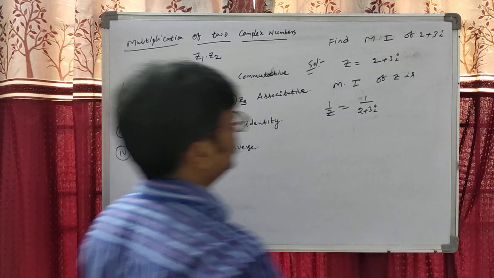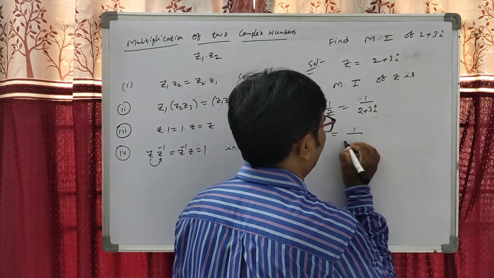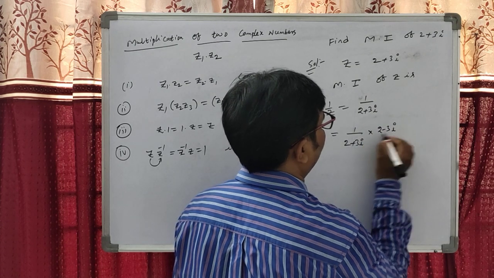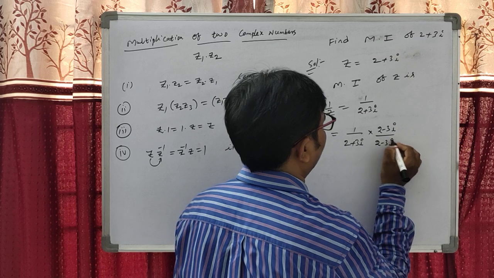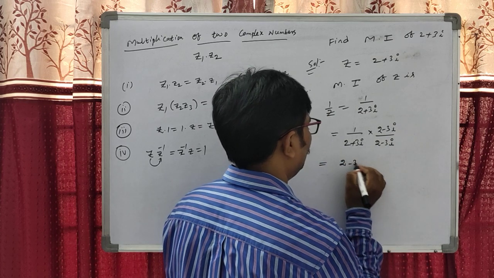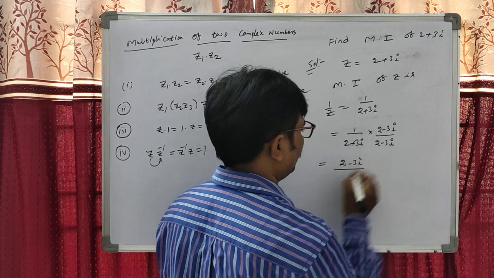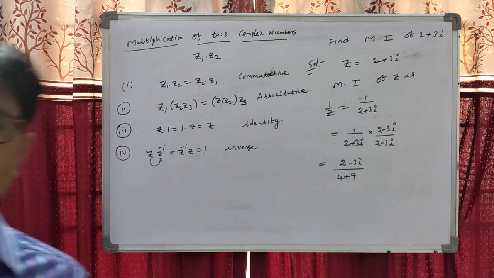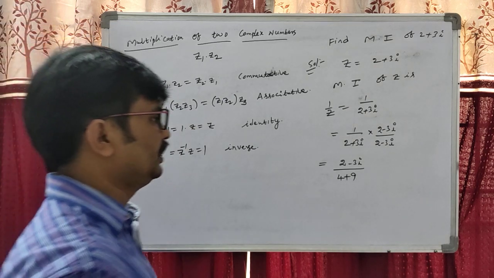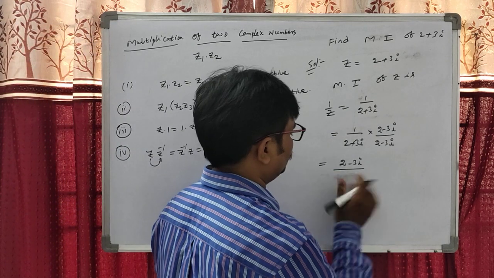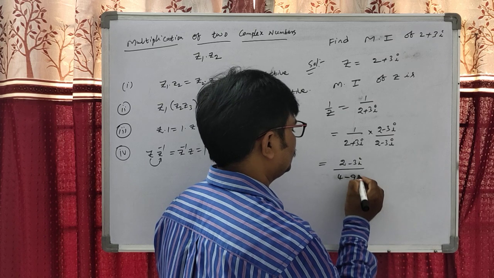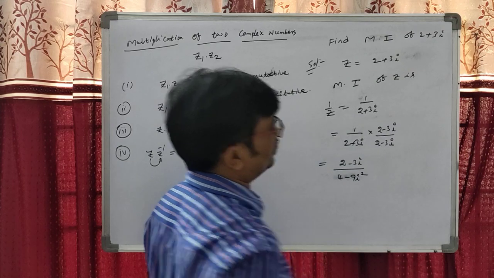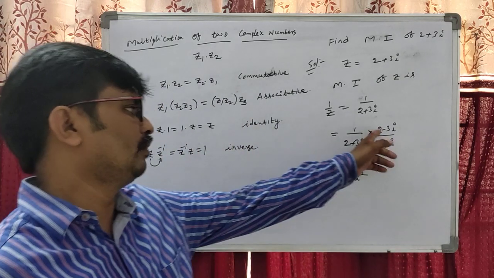Now students, this can be written as 1 upon 2 plus 3i into 2 minus 3i upon 2 minus 3i. This is 2 minus 3i upon a square minus b square. a square is 4, b square is 9i square. After that we are taking the rationalization, that is 2 minus 3i by 2 minus 3i.